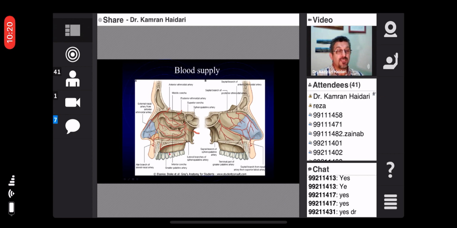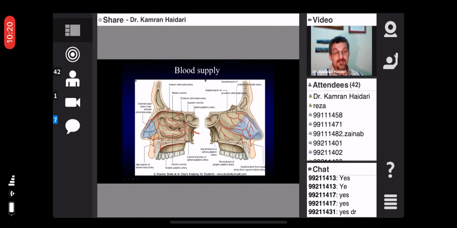Greater palatine artery is a branch of the third part of the maxillary artery, which, by passing through the incisive canal or nasopalatine canal, enters into the nasal cavity. You can see nasal cavity, and has an anastomosis with the medial terminal part of the greater palatine artery.